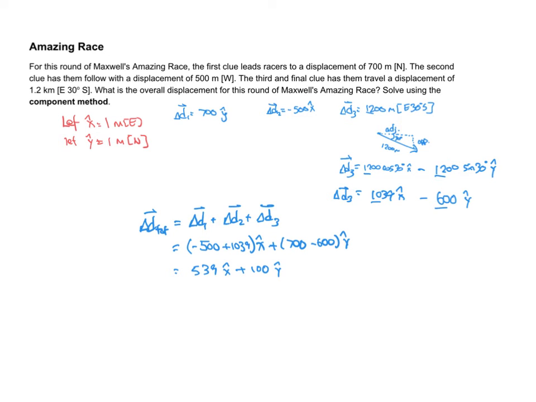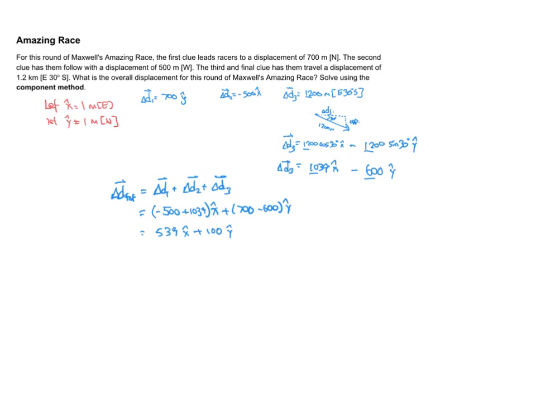Okay, so at this stage, I will draw myself a right angle triangle that's got 539 going in the x direction, and 100 in the y direction. Nope. Having trouble with drawing straight lines here. And what I'm looking for is the hypotenuse. Well, I'll just switch some colors here.